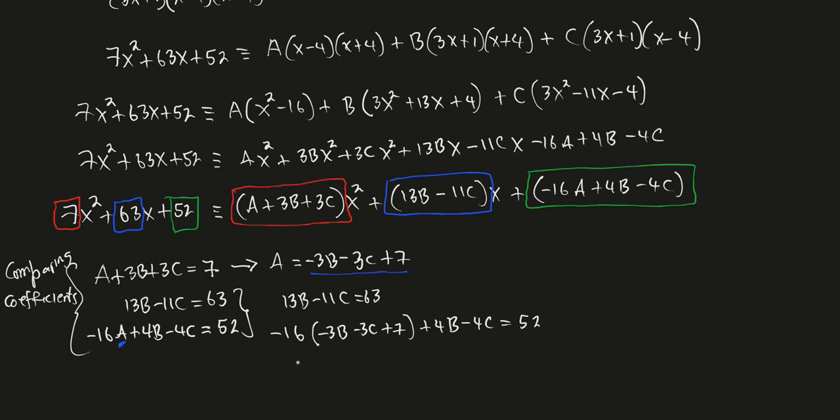What do we have? So that's a positive 48b, and then a positive 48c, and then this is a negative, what's that? 112, and then plus 4b, and then minus 4c, and that's equal to 52.